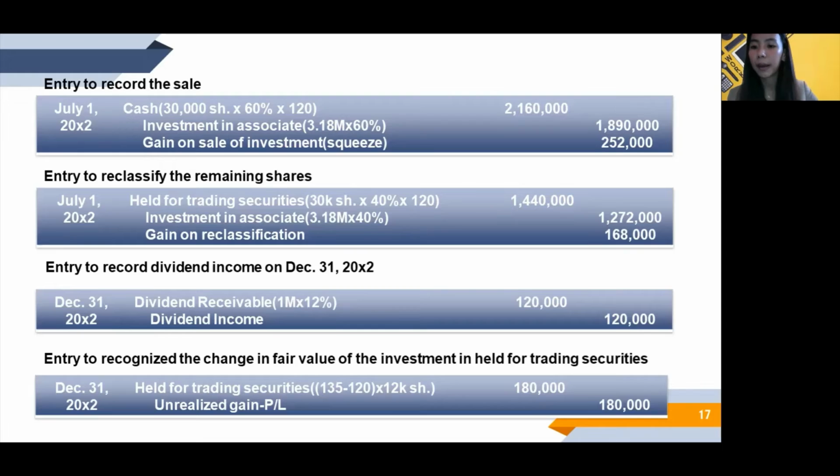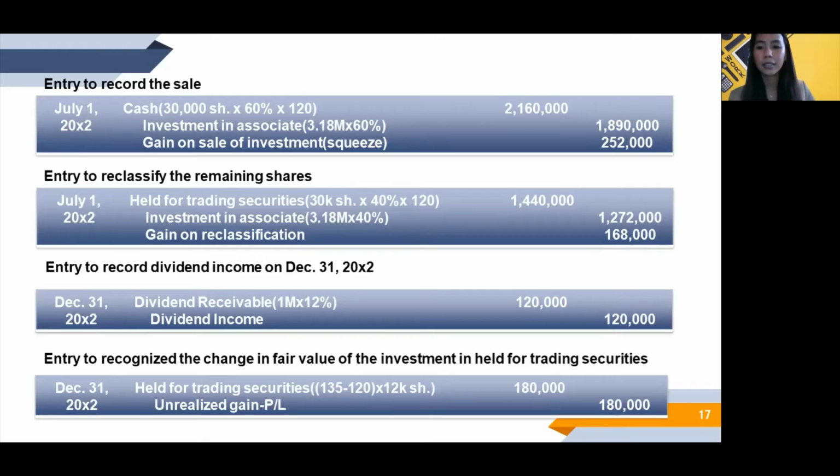How did that happen? The present interest is actually 12%. We got that by multiplying the 30% in 20X1 by the 40% unsold portion of 20X2, since the problem gave a 60% sold portion. So we multiply the 30% interest by 40% and get the 12% present interest. It has reduced to below 20%, which means we have lost the significant influence.